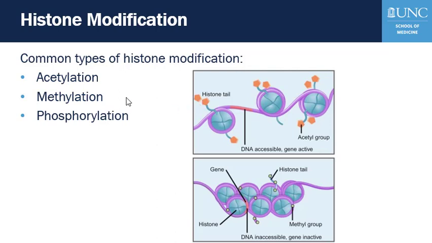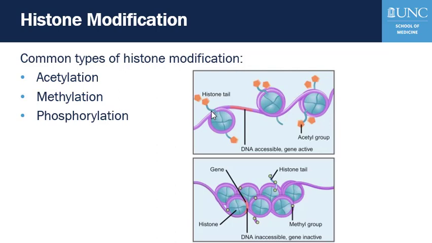A set of different histone methyltransferases can add methyl groups, and histone kinases can phosphorylate the histones. And so each enzyme is recruited to a specific site on the chromatin at defined times in each cell's life.